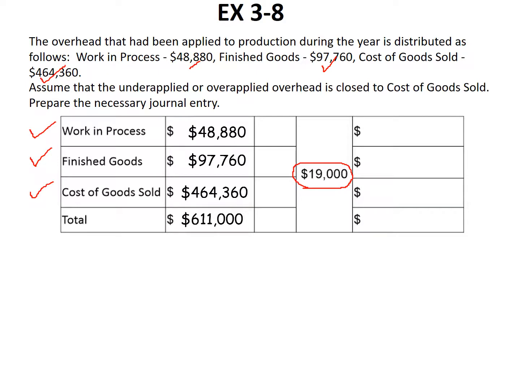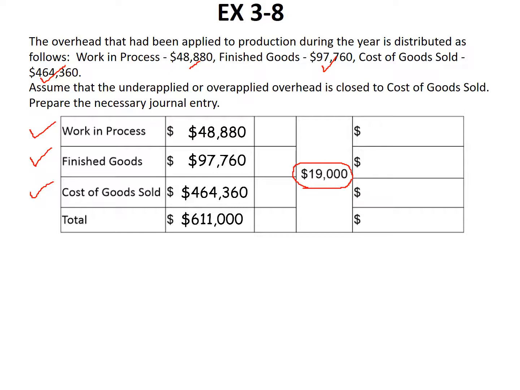The $48,880 worth of overhead that has gone through work in process, finished goods $97,760, and the amount of overhead that was in cost of goods sold is $464,360. And that represents the total amount of actual overhead that's gone through the accounts, $611,000.